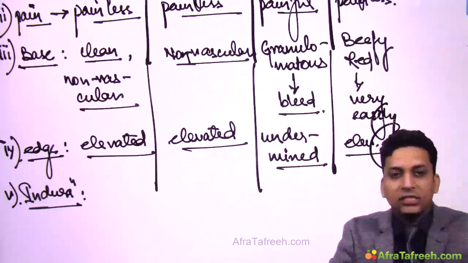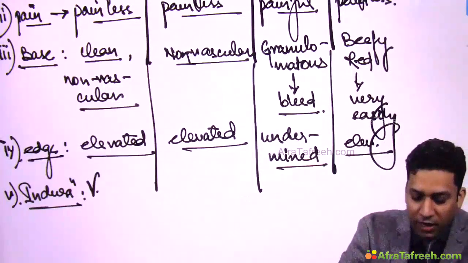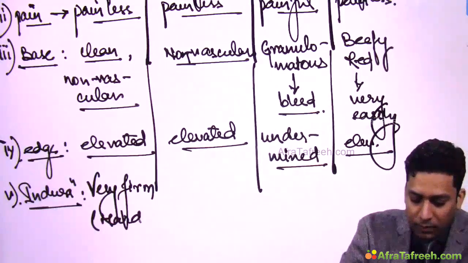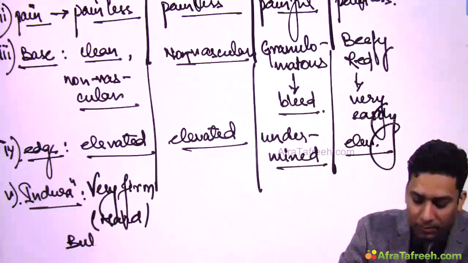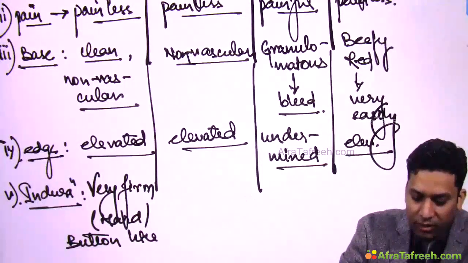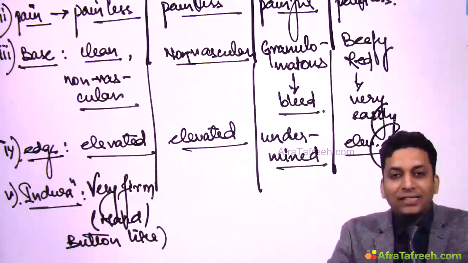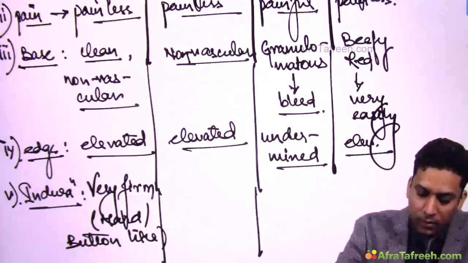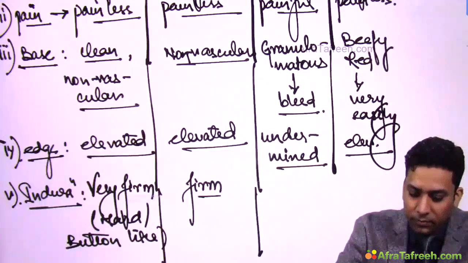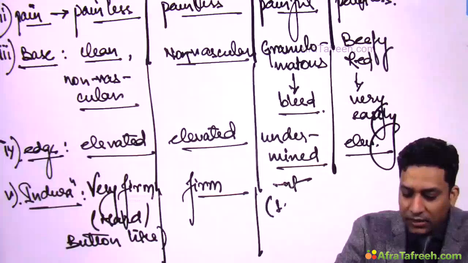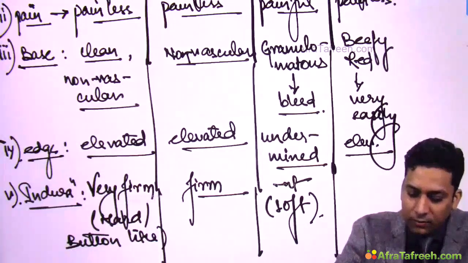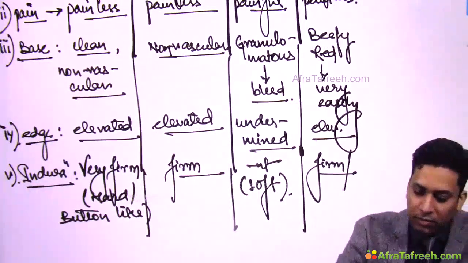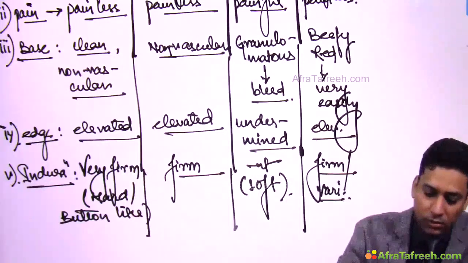So when you are palpating this syphilitic ulcer, you will find it is very firm, hard, button-like. So button-like firm induration is seen, and that is the reason why it is known as hard chancre. So syphilitic chancre is hard chancre, while it is firm here. Induration is absent in chancroid, and that is the reason why this is known as soft chancre. It might be variable in donovanosis.